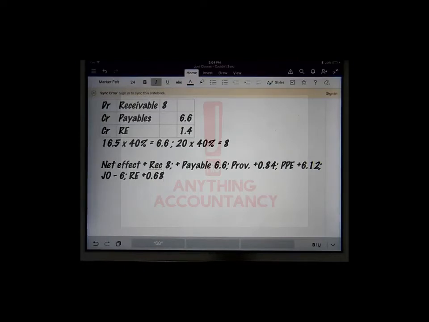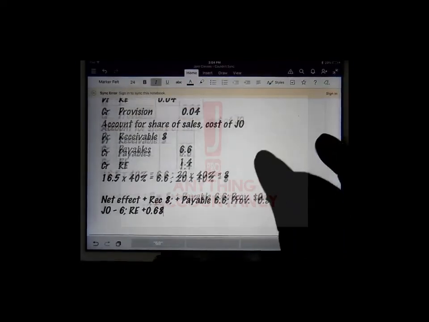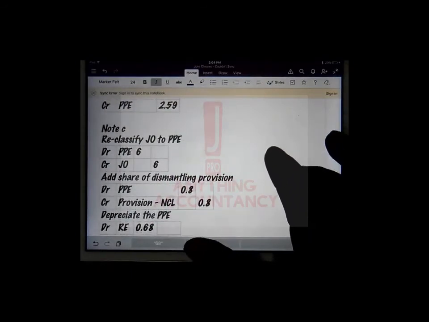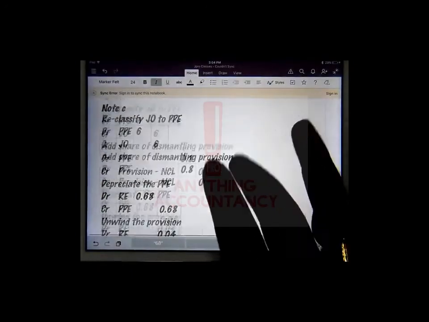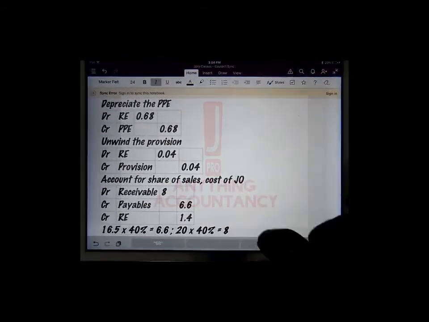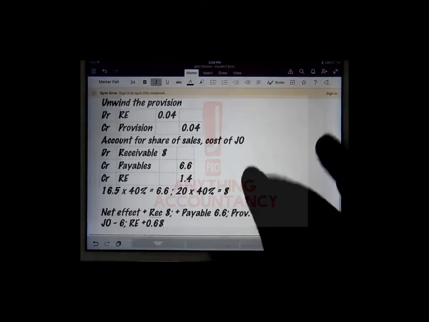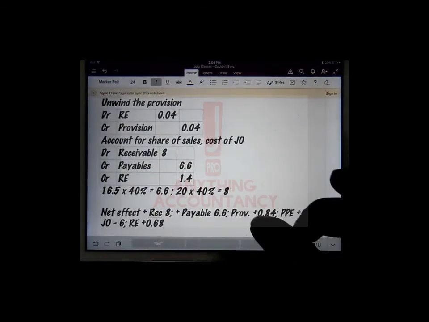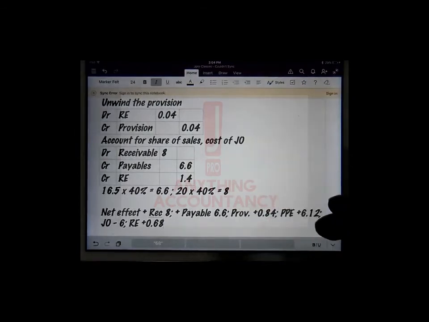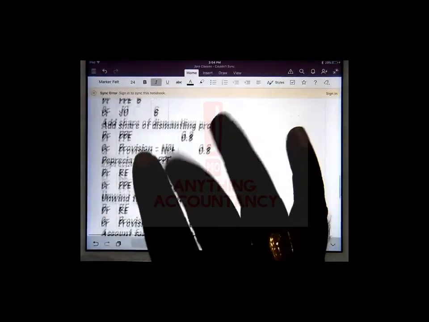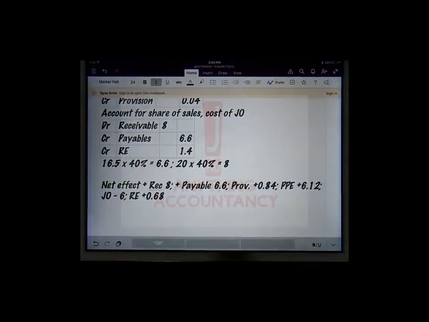A lot of marks for this. You have to do massive adjustments for this. 1, 2, 3, 4, 5. It affects your receivable, your payable, your provision, long-term provision, PPE, joint operation, retained earnings. Are we clear? Did I miss anything? I don't think I missed anything else, right? That's it. Clear?